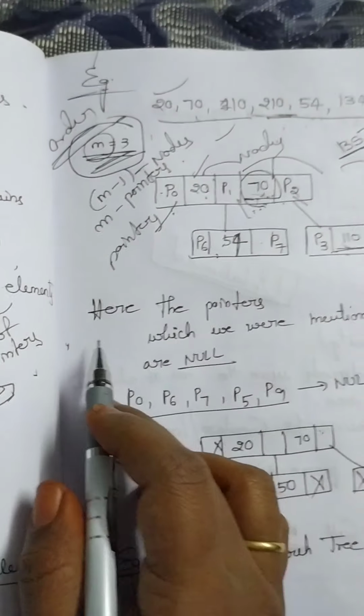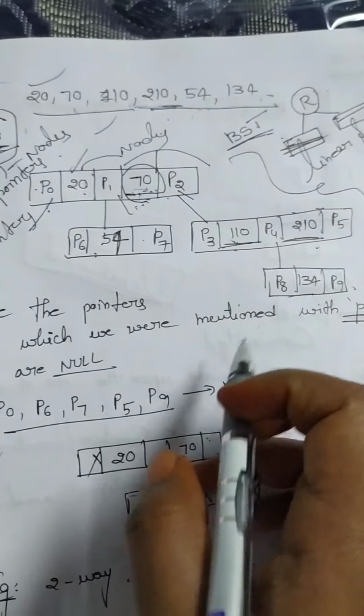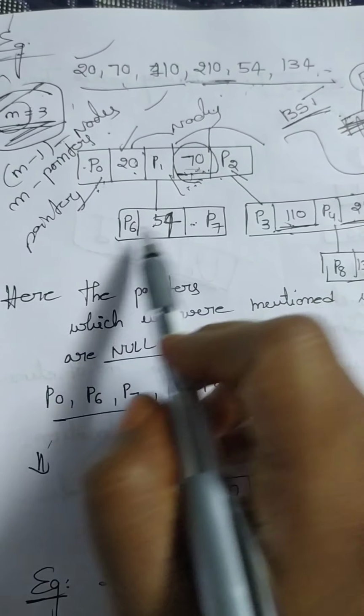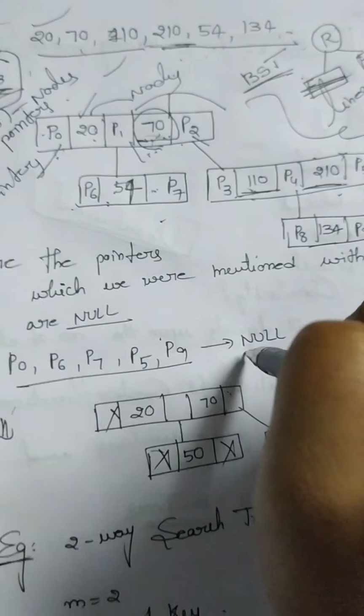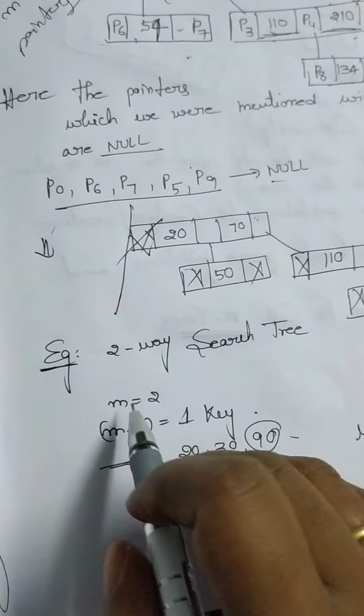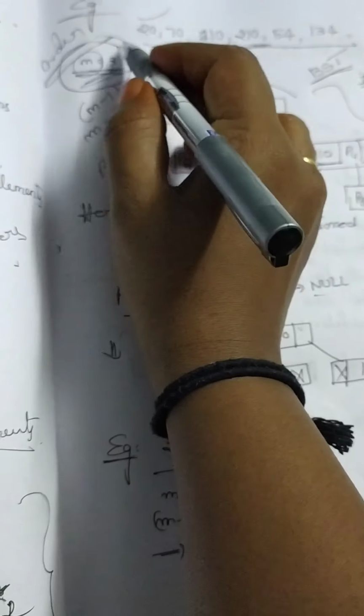We all know that. Here the pointers which were mentioned with the P sequence are null, and we can also mark null with a cross. Here for example is a 2-way search tree, and this is a 3-way search tree.